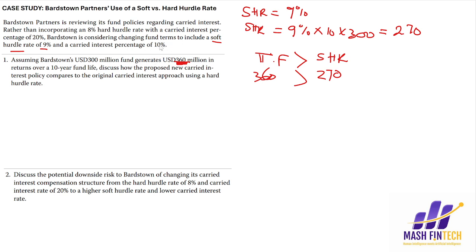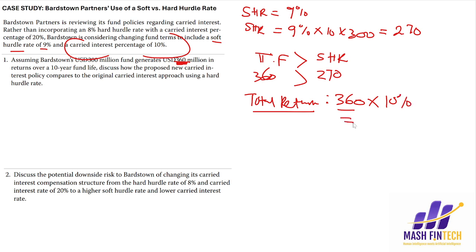And remember this, it is going to be on the total return. The 10% is going to be on the total return, which means you have your 360, that is the total return, and you multiply this by the carried interest percentage, which is 10%, and then you get a total amount of 36 million.